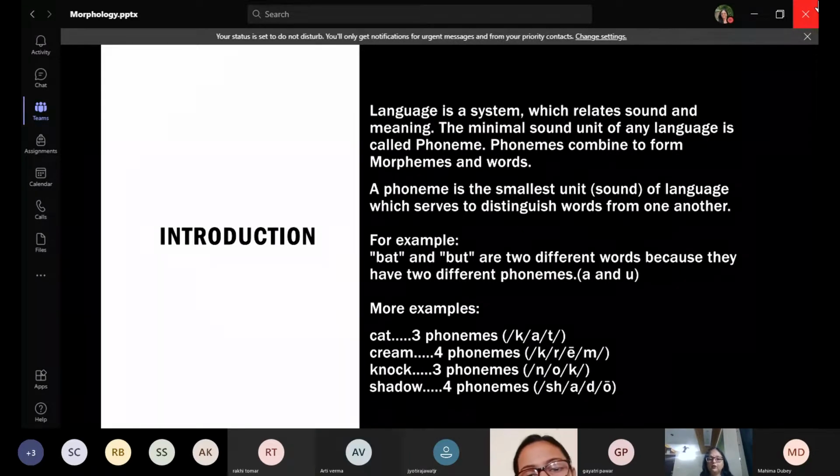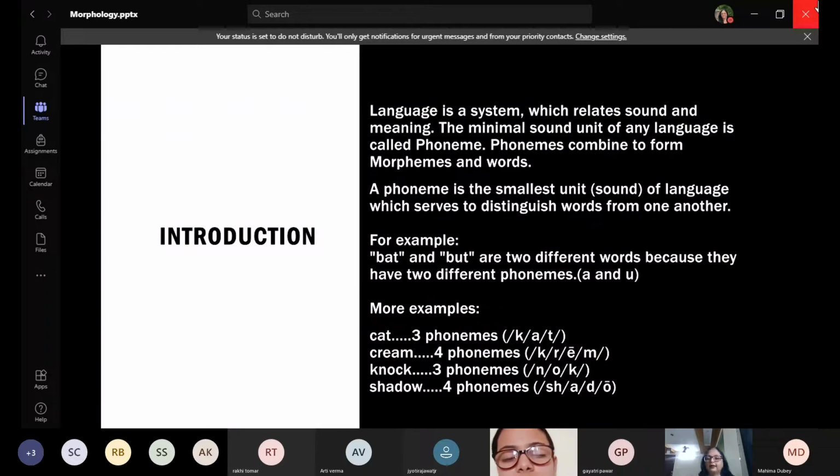Now what will you do? You change one phoneme. One vowel is replaced by another. Right? So the two vowels are replaced. And so what happens? Two different words are formed.